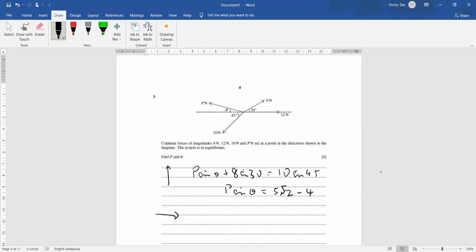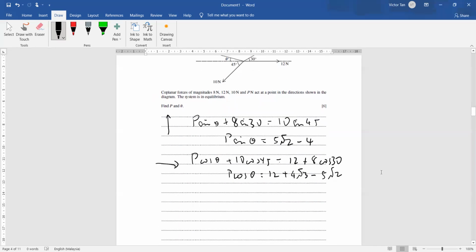Resolve horizontally. P cos theta plus 10 cos 45 equals 12 plus 8 cos 30. Okay, P cos theta equals 12. Cos 30 is √3/2, so plus 4√3 minus 10 cos 45, which is still the same, 5√2.